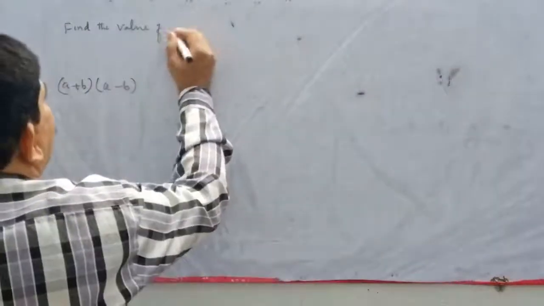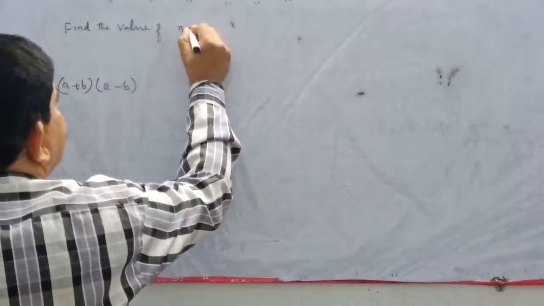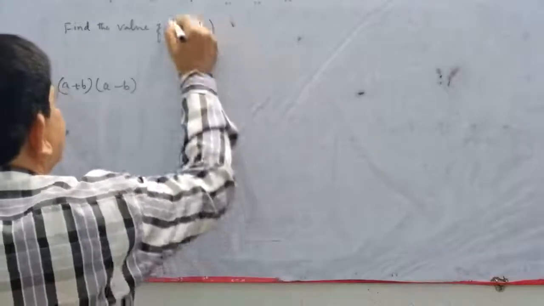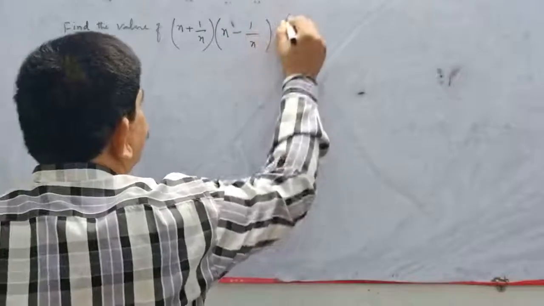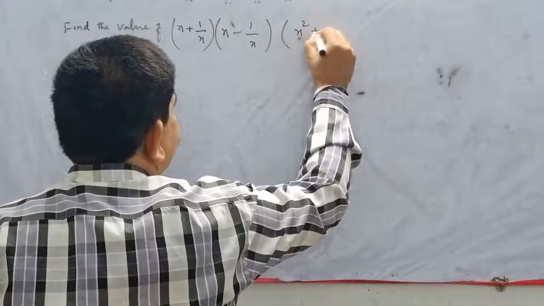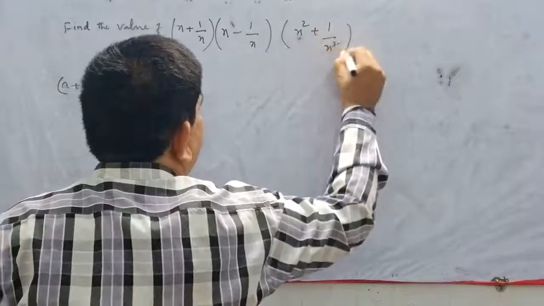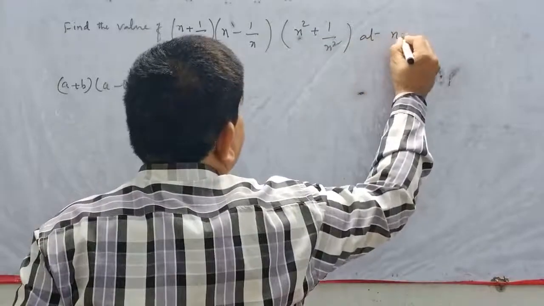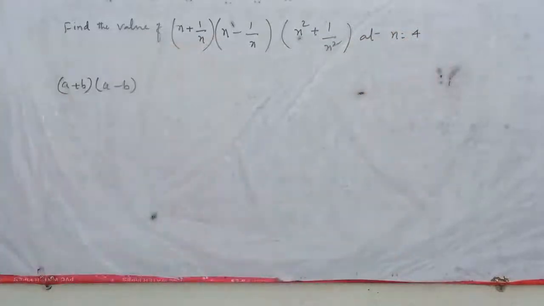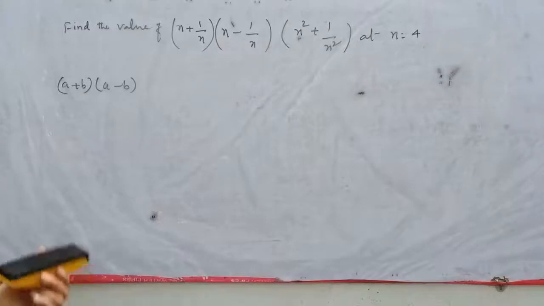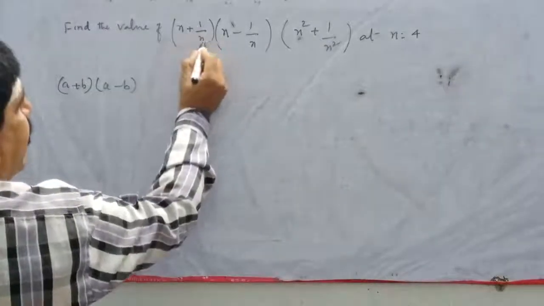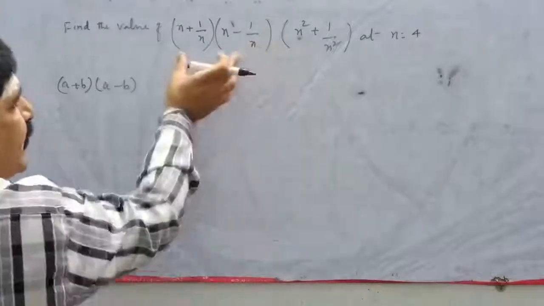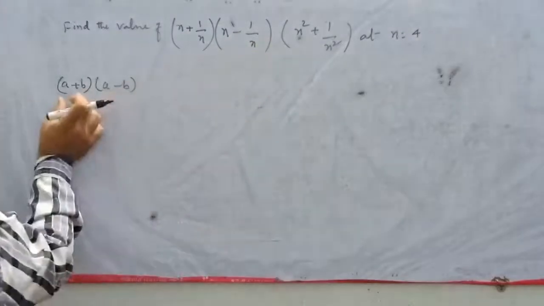Find the value of n plus 1 by n into n minus 1 by n into n square plus 1 by n square at n is equal to 4. n is equal to 4, or 3, 7, like that; anyone we can take. Now n plus 1 by n into n minus 1 by n: the first two terms are in the form of a plus b into a minus b.